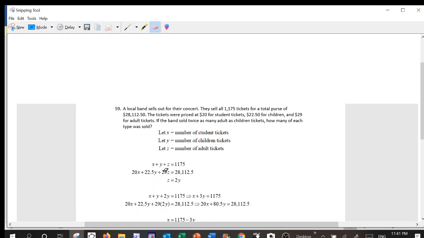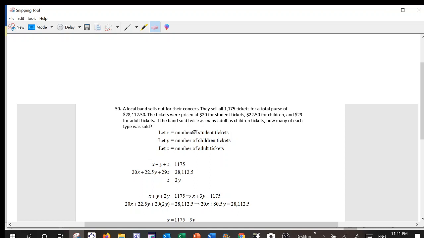So that's one equation. And notice we have three variables. In order to be able to solve all three, we need three equations. So we need one equation for every unknown variable. So one equation is this one, we know that.